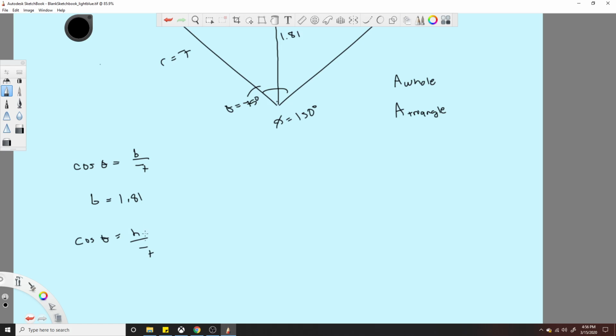It's also over 7. Oh, excuse me. This is sine theta equal to height over 7. So then solving with this, theta is 75 degrees. Height will be 6.76.